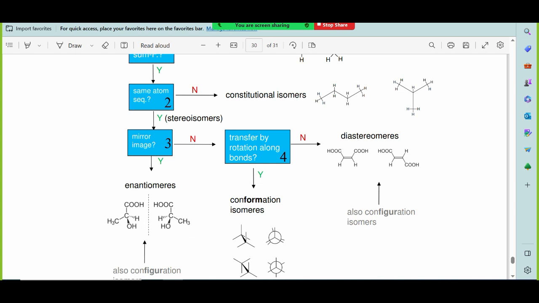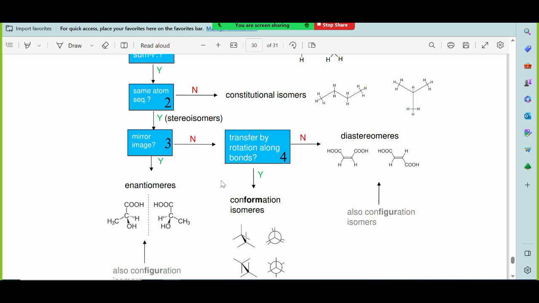If not, so they don't have a mirror image, but if we look closely and rotate them along the bonds that are connecting them, we get the same structure and the identical molecule. In this case, they are just conformation isomers.